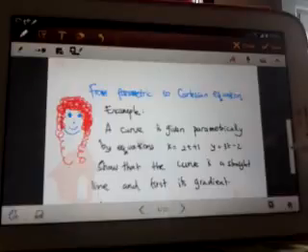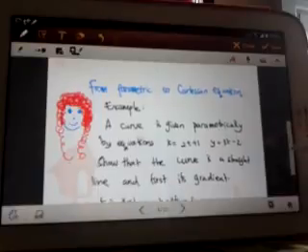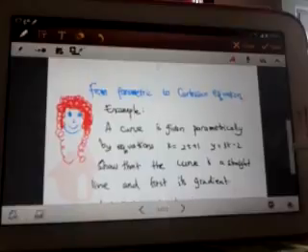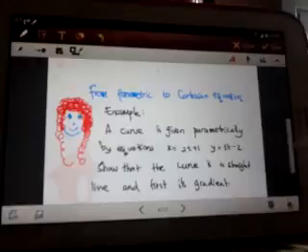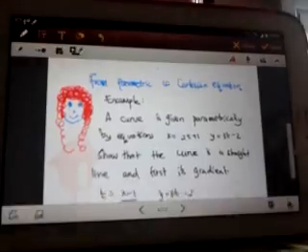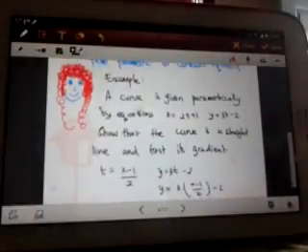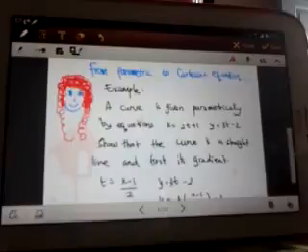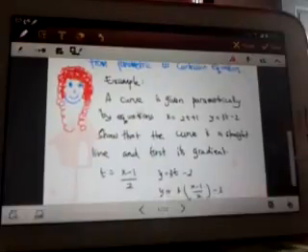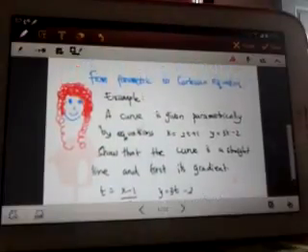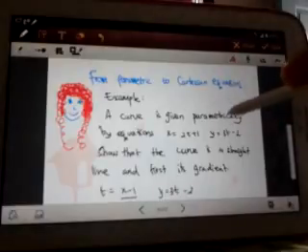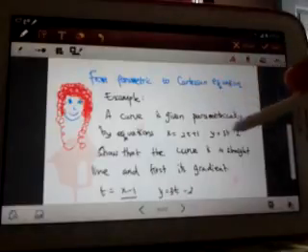Show that the curve is a straight line, and find its gradient. It's like an algebra problem. You just make this an equation in x and y.